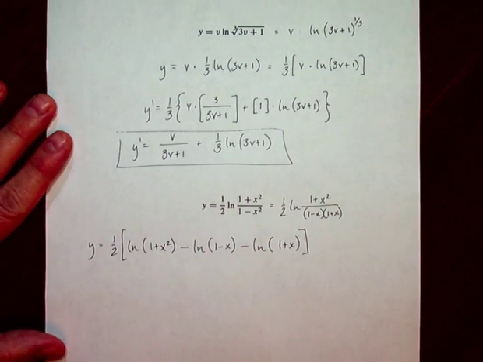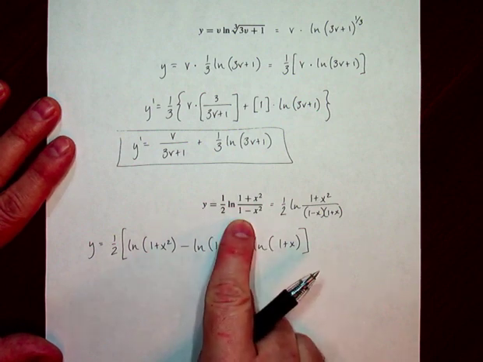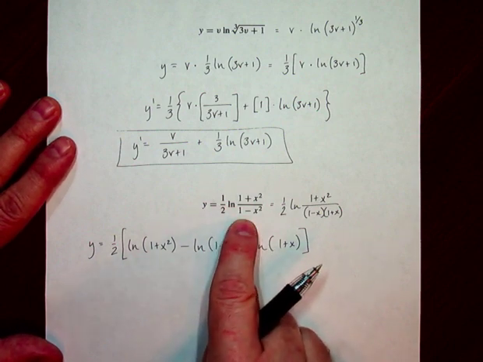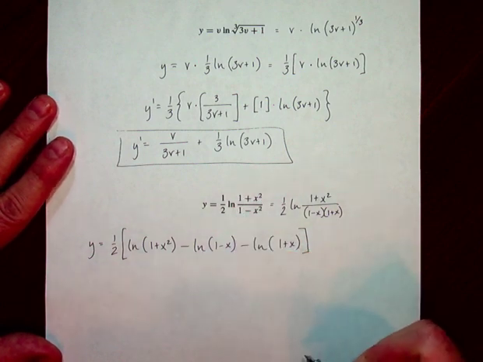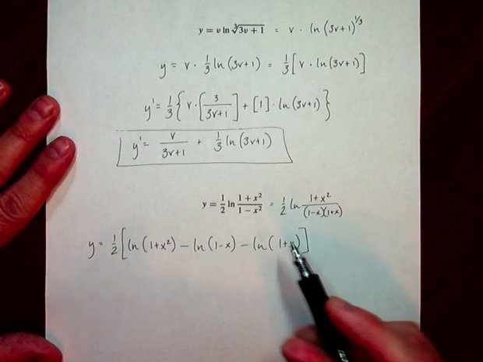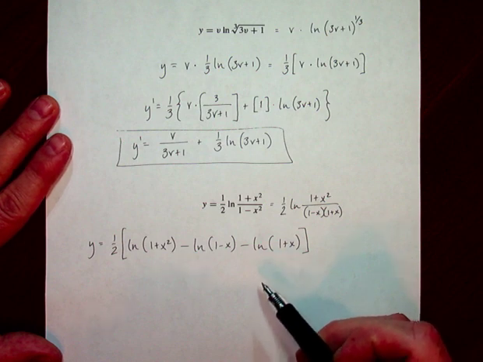And now that I have that, this of course is a little bit easier to differentiate than that, because what you were going to have to do to differentiate that is put that whole argument in the denominator, which is already going to make it a complex fraction. But its derivative, which was going to have to be done by the quotient rule, was going to go in the numerator.